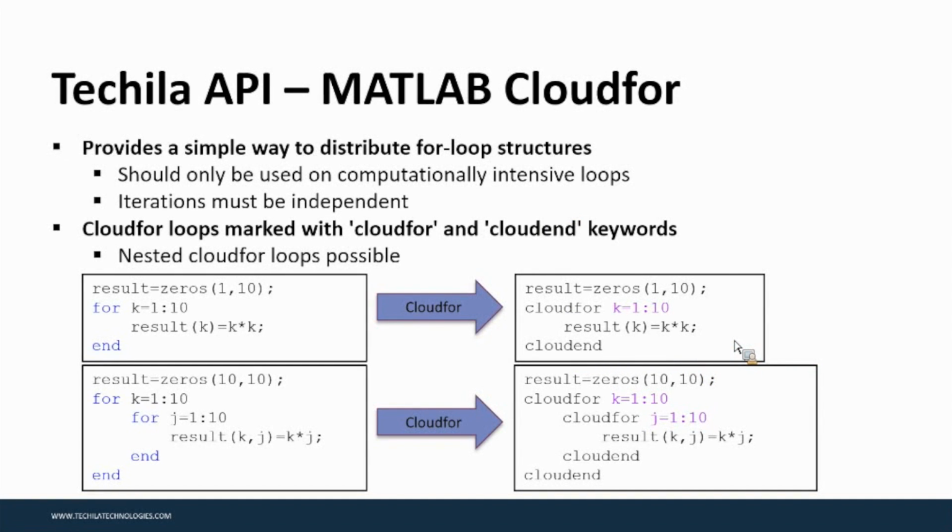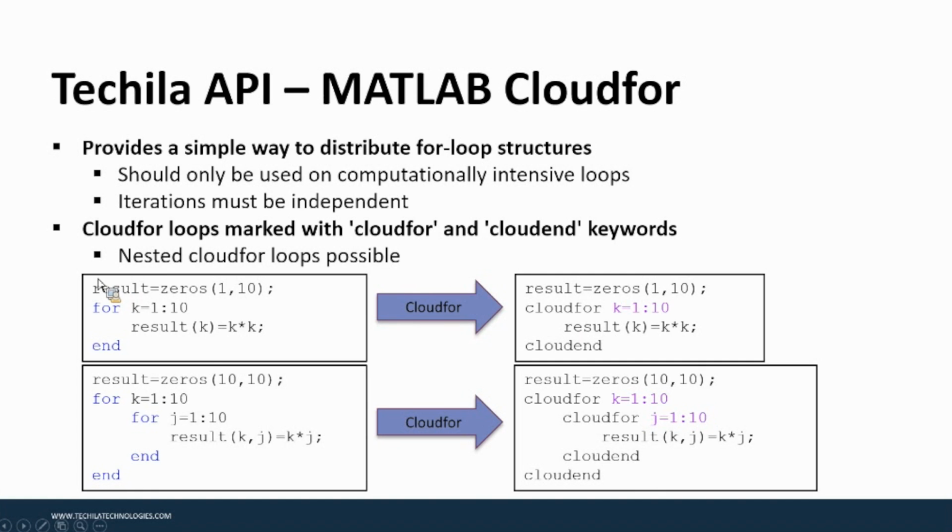And then, just as an addition to the previous slide, cloudfor can also be used in a nested situation. So in this case, we have a single cloudfor loop because we only have a single for loop in the local version.